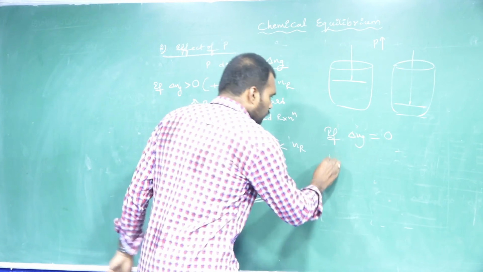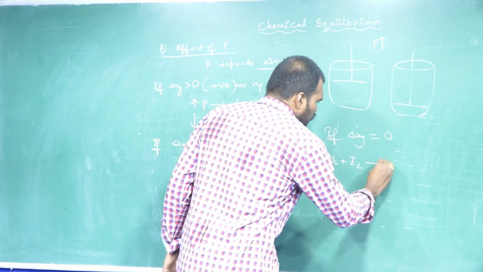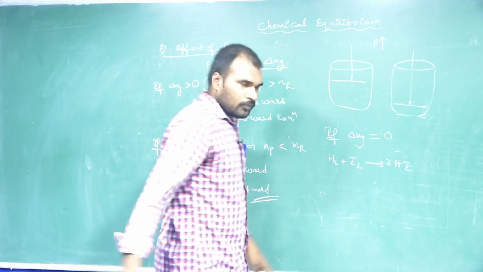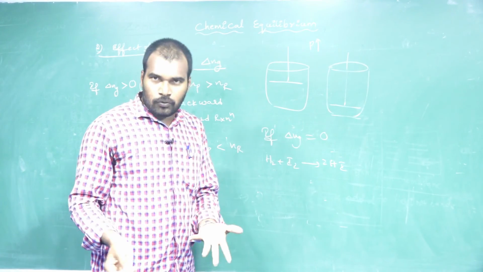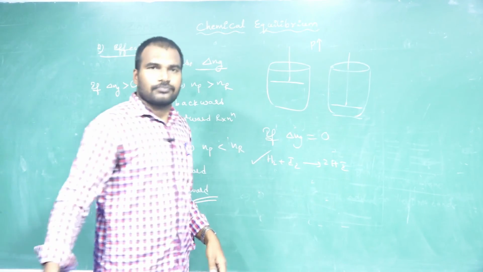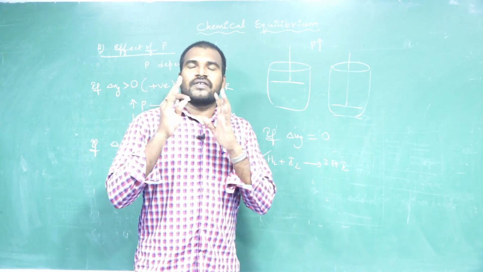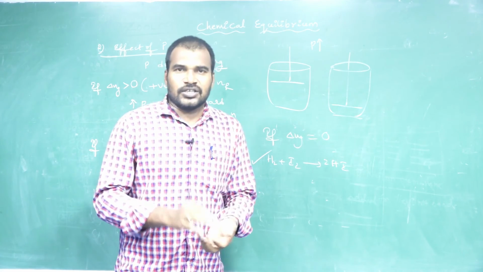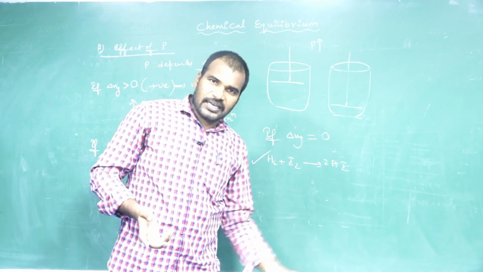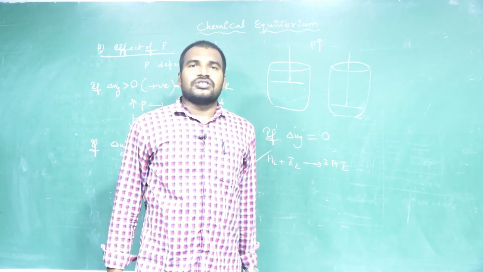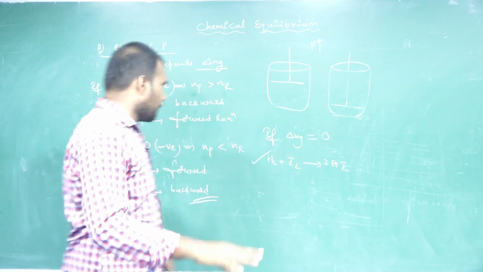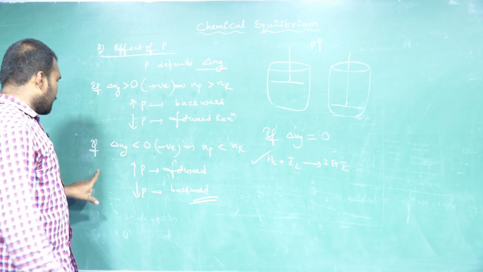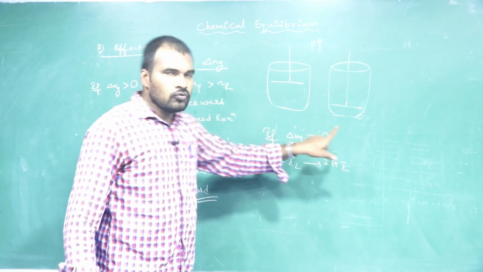The best example: H2 plus I2 gives 2HI. Here the number of moles of products is 2, and of reactants also 2, so 2 minus 2 is 0. In this system there is no effect of pressure. Even if you increase or decrease the pressure, there is no change in the position of equilibrium. So remember three points: delta Ng positive, delta Ng negative, delta Ng zero.